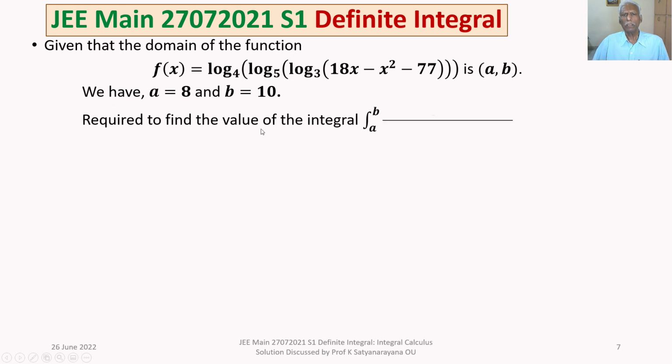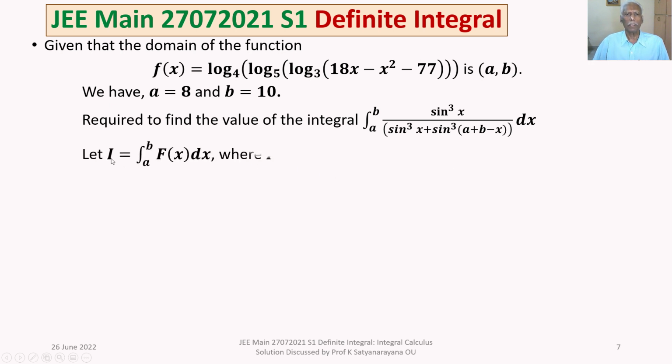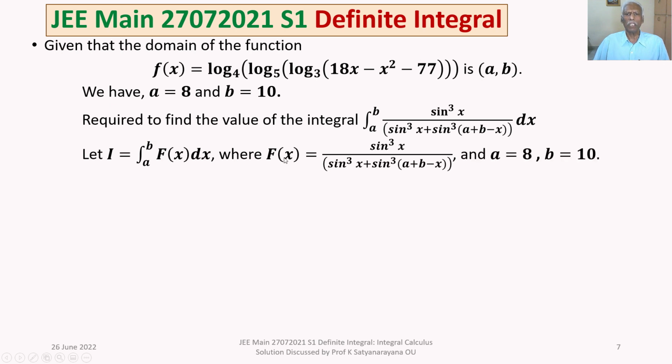required to find the value of this definite integral from a to b of sine cube x by sine cube x plus sine cube of a plus b minus x with respect to x. Let I is equal to integral a to b f of x dx, where f of x is this function and a is equal to 8 and b is equal to 10.